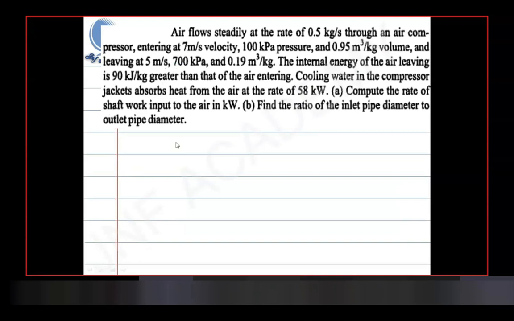So the assumption is that we do not take the change in velocity. Correct. So let me write that. Let me forget compressor for a moment, but the same explanation will be true for compressor or turbine. So if you take a turbine, the inlet velocity is Ci and the exit velocity is Ce.